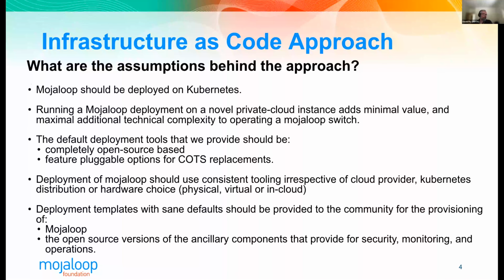So we feel that all of the components that we produce as a part of this IAC effort should be completely open source, and there shouldn't be license restrictions about how those components are used. As I mentioned earlier, there should be pluggable options for commercial replacements for those open source tools, but we should not, as a general principle, bake any commercial components into the IAC that we create.